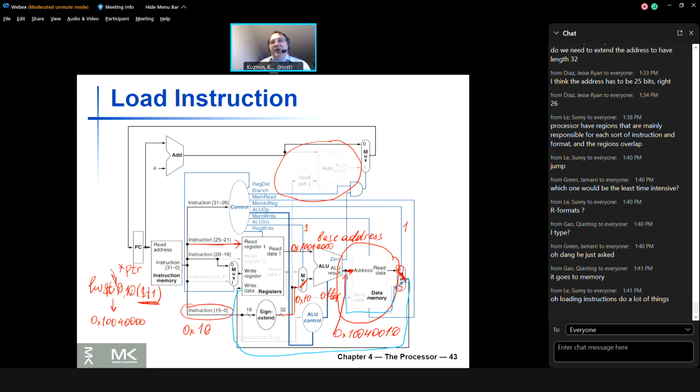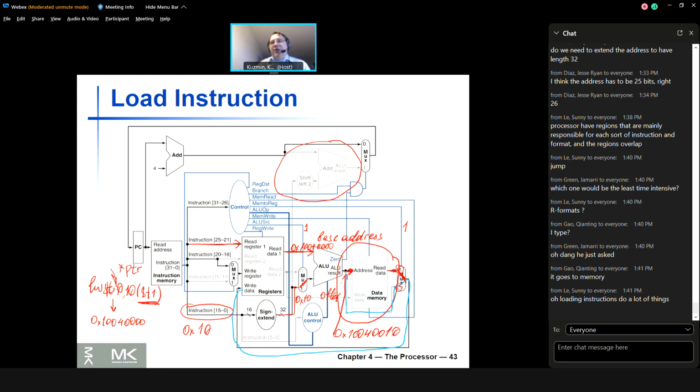So we first do this, and before our register file gives us the read data one, our ALU would not produce the correct result. And before our ALU produces the correct result, we cannot read data from memory. And until we read data from memory, we cannot write it back to the register. See how this is all sequential.